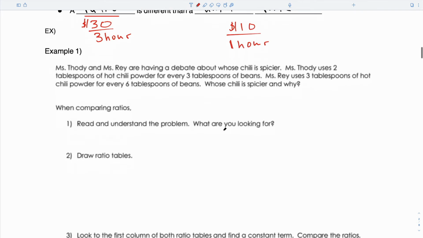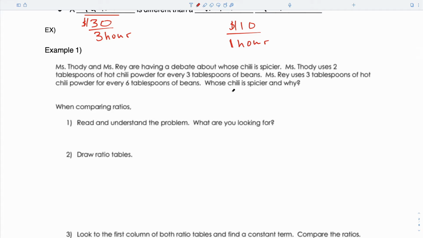So let's use that knowledge and make a ratio table. Miss Toddy and Miss Ray are having a debate about whose chili is spicier. Miss Toddy uses 2 tablespoons of hot chili powder for every 3 tablespoons of beans. Miss Ray uses 3 tablespoons of hot chili powder for every 6 tablespoons of beans. Whose chili is spicier and why?